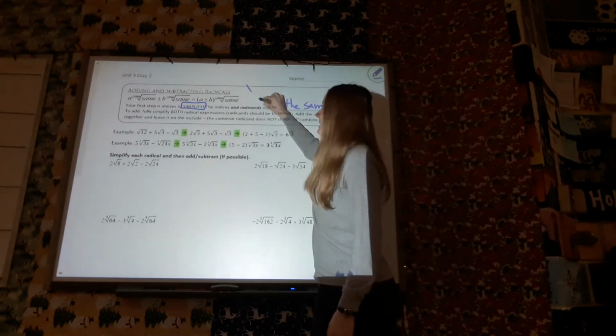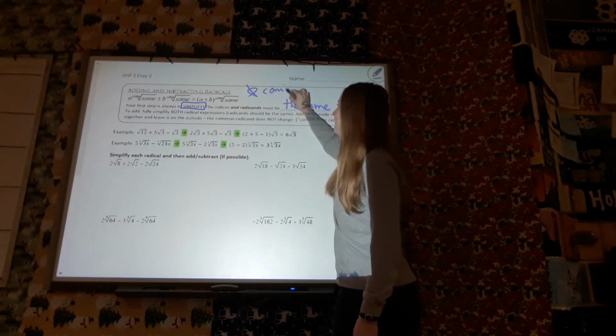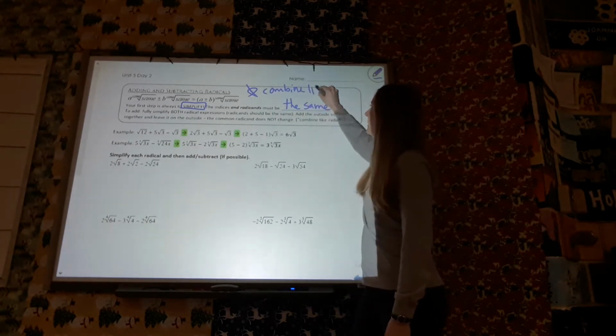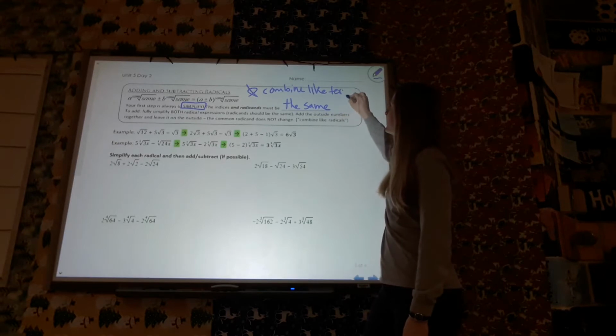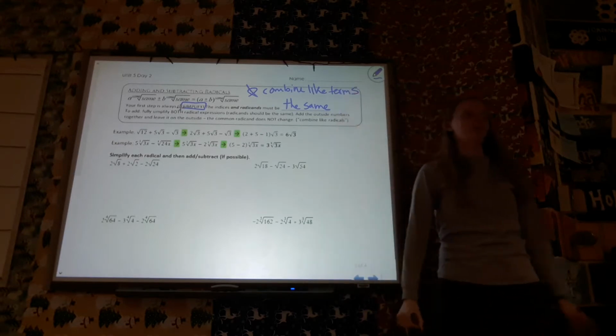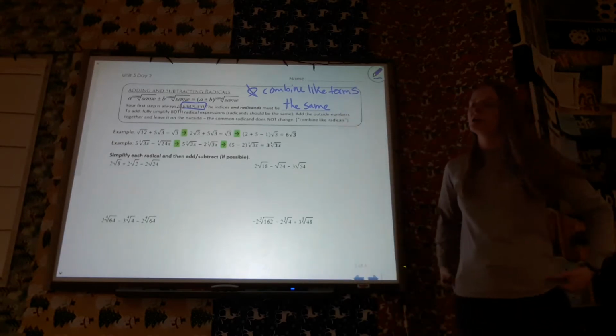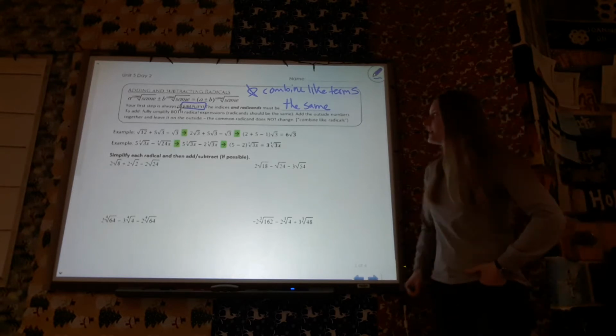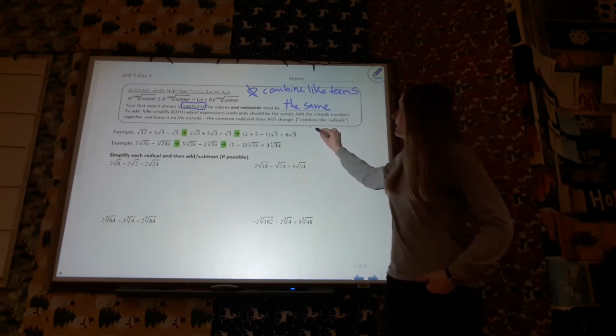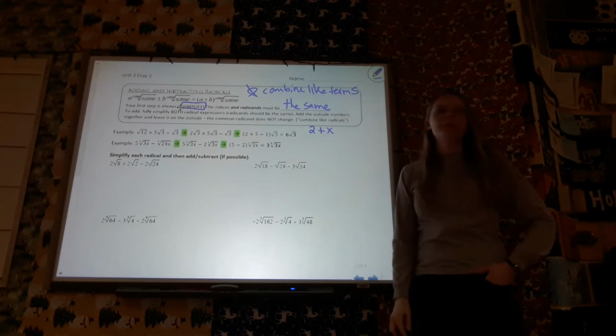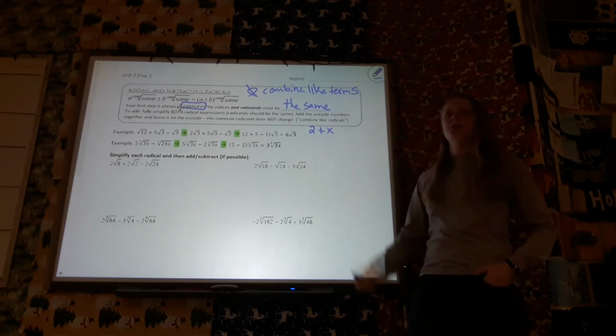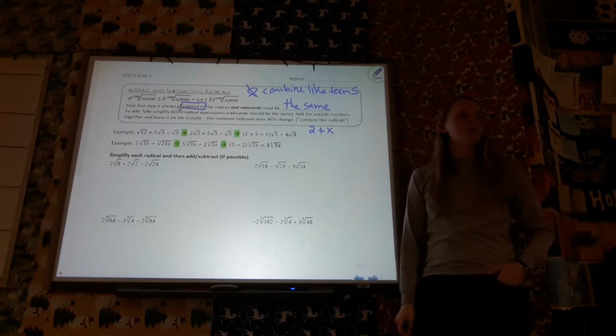So remember, the idea is combine like terms. That's what we're going to be focusing on again for addition and subtraction. That's really what we focus on all the time. If I were to give you something like 2 plus x, would I be able to call that 2x? Why not? Because they're not like terms, right?